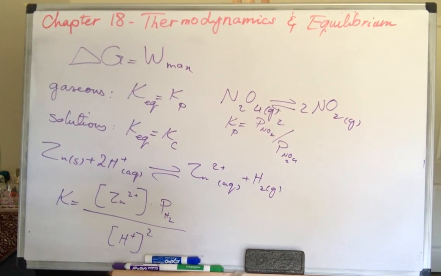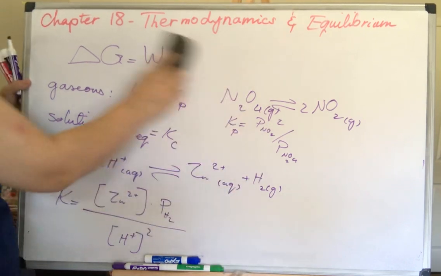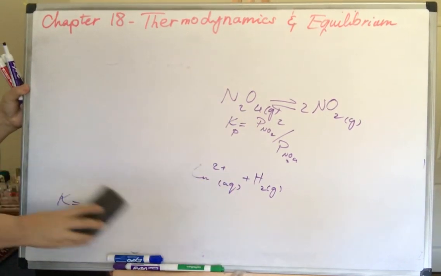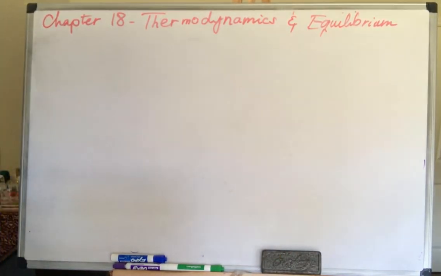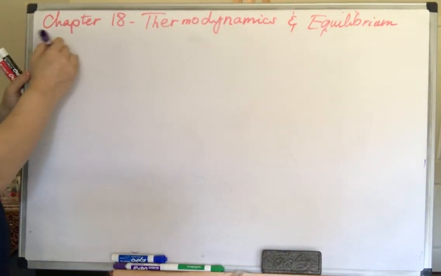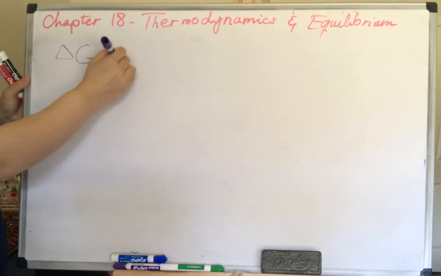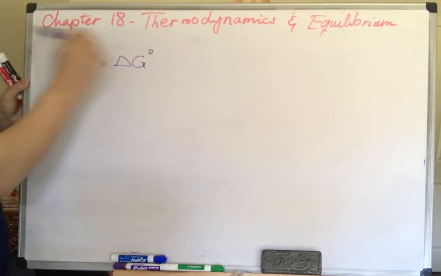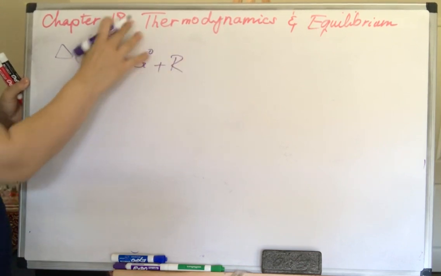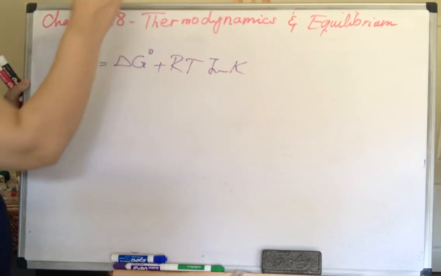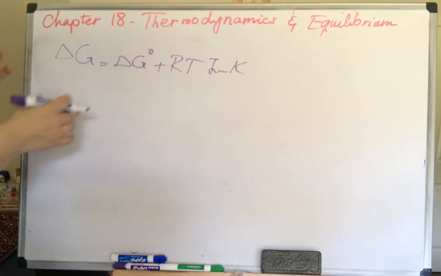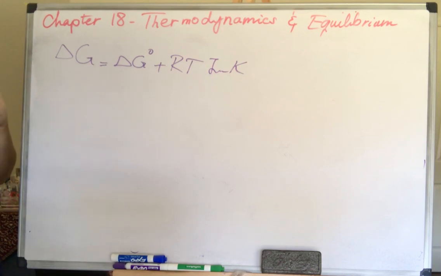All right, and the relation between the delta G, the free energy, and the equilibrium constant, and again you will use it in the next chapter, is delta G equals delta G standard, in the standard conditions, plus RT ln K. We are not worried about how to find these formulas because these formulas are always given.